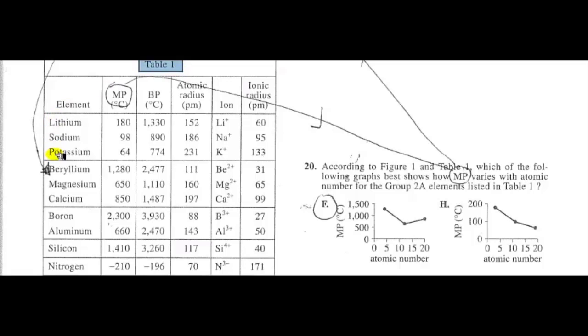We scroll down here in the element content. We find aluminum, and we find that aluminum has a melting point of 660 degrees Celsius, and we're given the new value of 1,000, so you know that this is definitely melted from a solid into a liquid. Let's go ahead and check the boiling point.